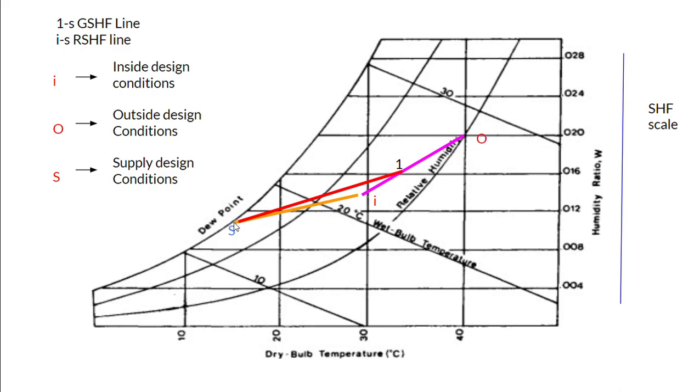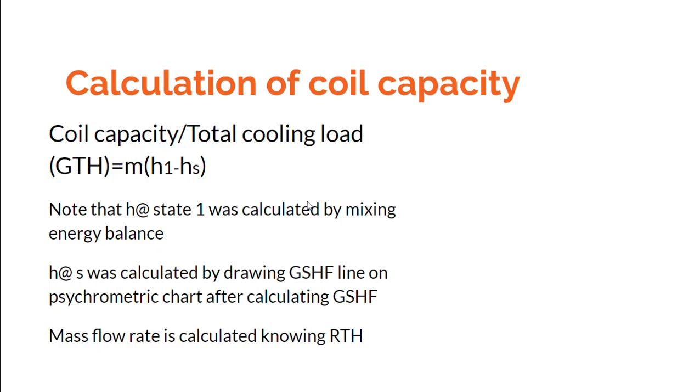From the psychrometric chart, I can read the value of apparatus dew point. I had calculated the grand total heat. Knowing the apparatus dew point, I can calculate the mass flow rate. So look at this now. The cooling capacity, that is cooling load, that is grand total heat, is mass into enthalpy at state 1 minus enthalpy at apparatus dew point.